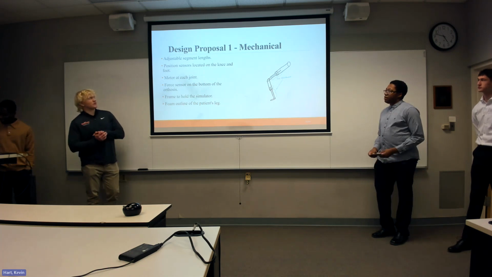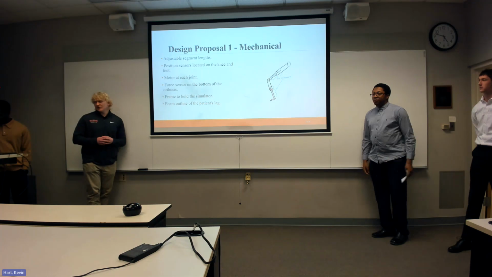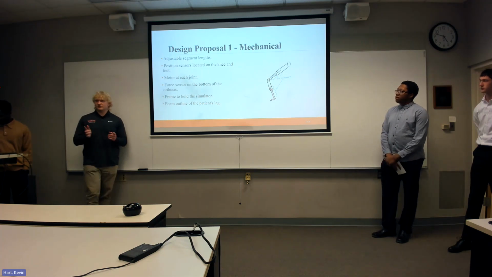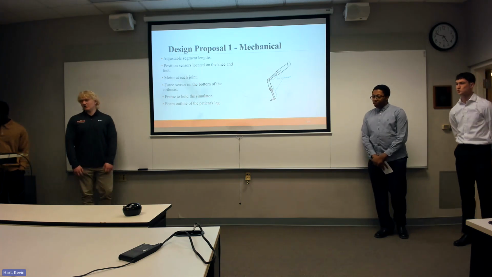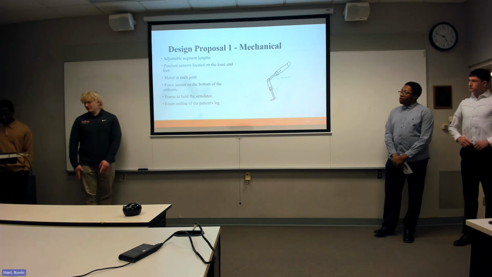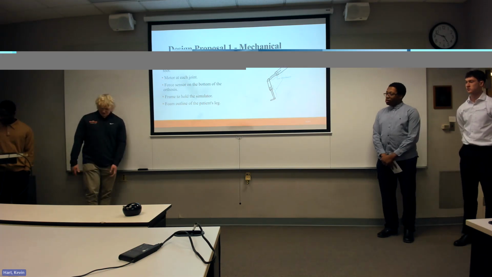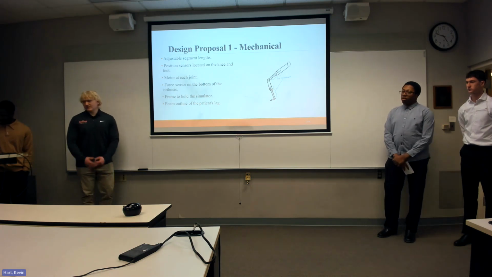So our first proposed design was the one seen in the picture right there. As you can see, marked by the blue, there are adjustable segments for the upper and lower leg. There are position sensors located at the knee, hip, and foot. There are motors at each joint, so the ankle will have a motor, the knee will have a motor, and the hip will also have a motor.